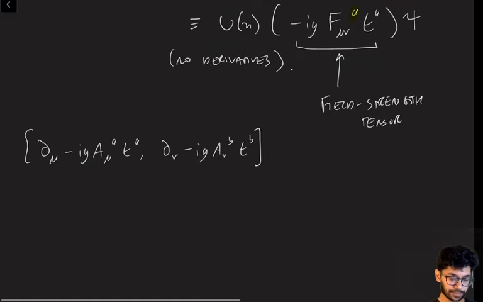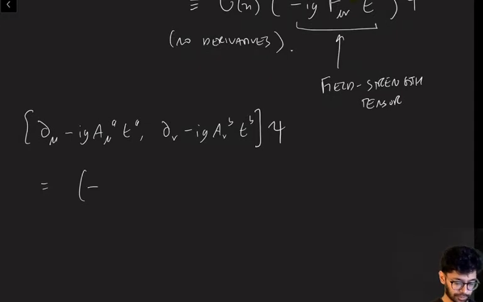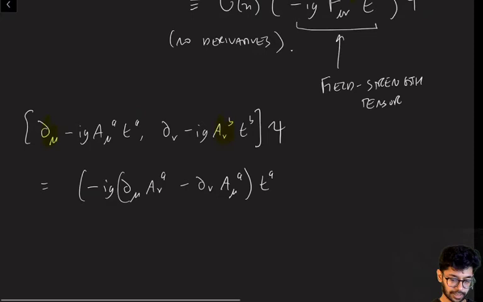Okay, so what is this? Well, if I work it out, then you can see that there are a couple of terms where the derivatives act on the gauge field. So for example, when this derivative acts on this gauge field, you get a term that looks like D mu A nu A minus D nu A mu A. And again, this is the opposite combination of derivatives and gauge fields.